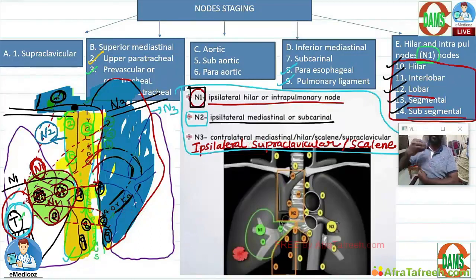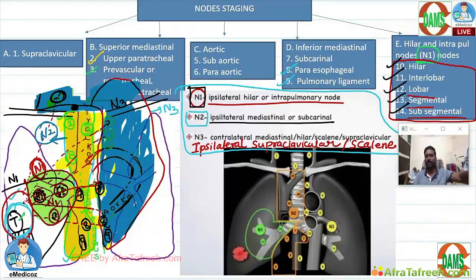Now tumor is here, any supraclavicular lymph node is present, it is N3. Or on the opposite side, right from supraclavicular to the lowest part, that is subsegmental, any lymph node is involved, it accounts to N3. Generally N3 indicates the tumor has disseminated significantly.